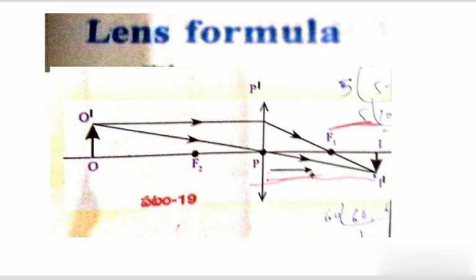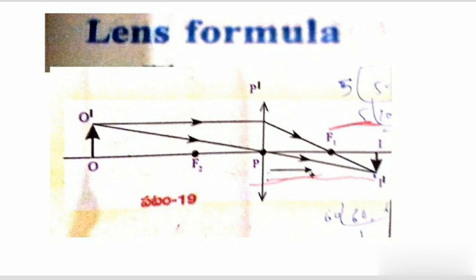Now from figure 19, we have two triangles: triangle P dash F1 and triangle F1 I dash, on the right side of the convex lens.